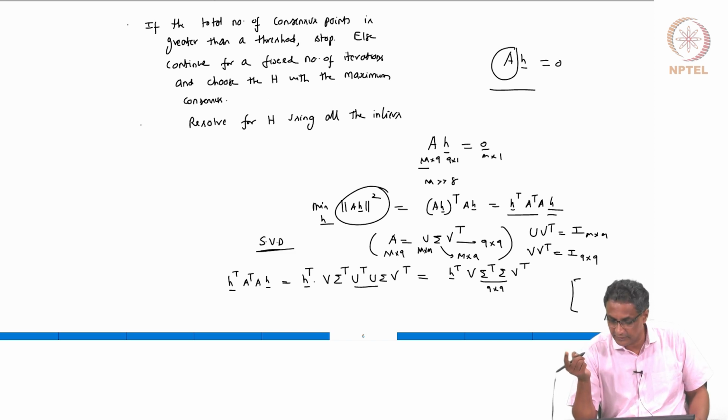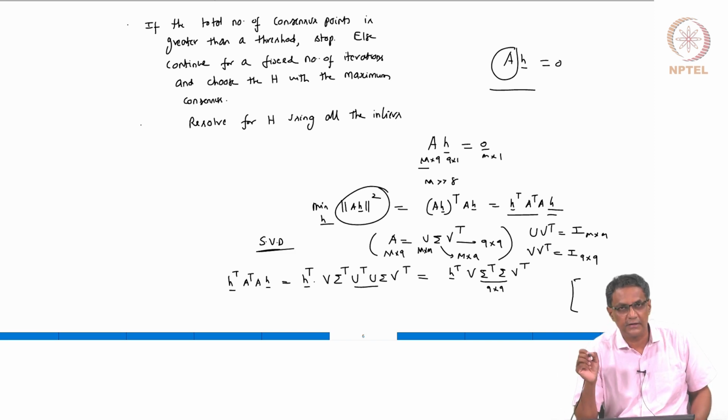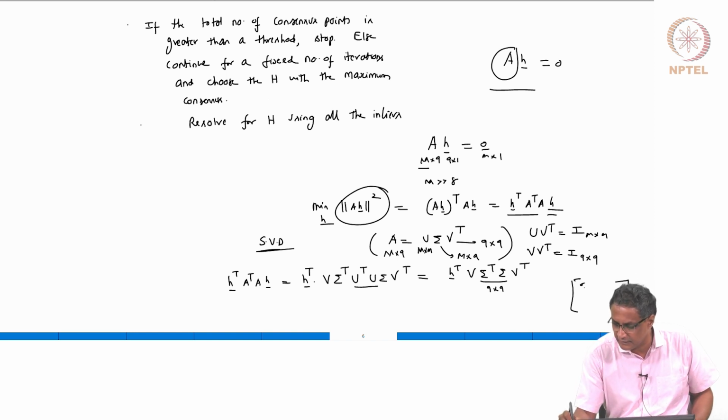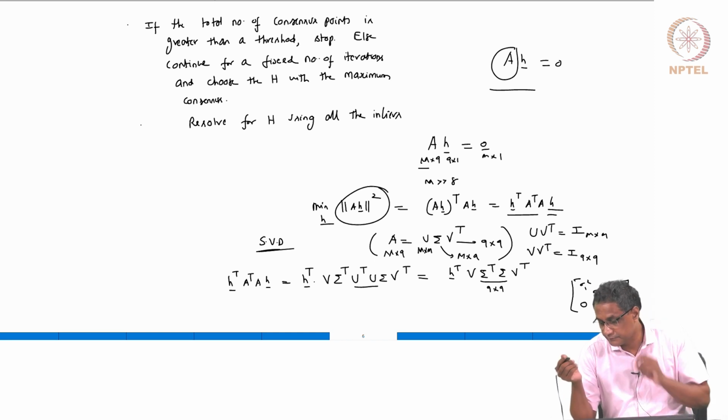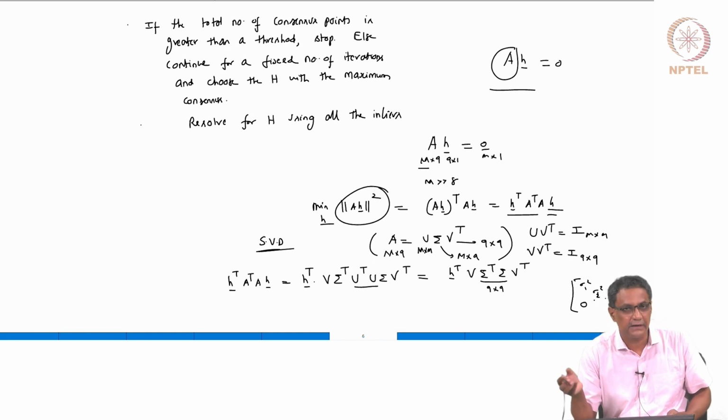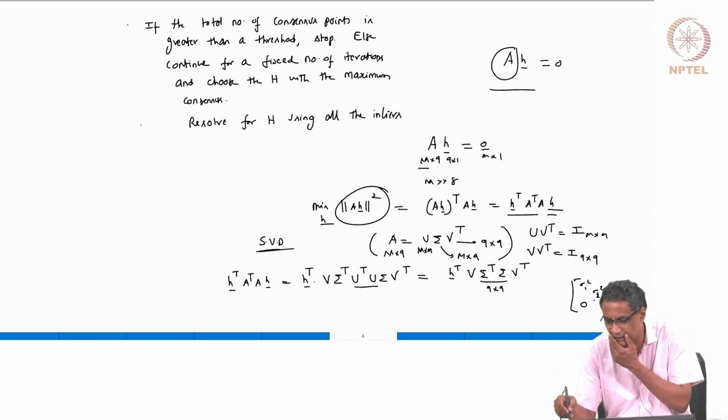If you don't know SVD, just read it up. It contains the singular values: sigma 1 square, sigma 2 square, up to sigma 9 square.